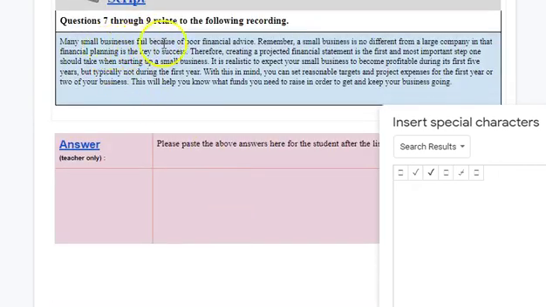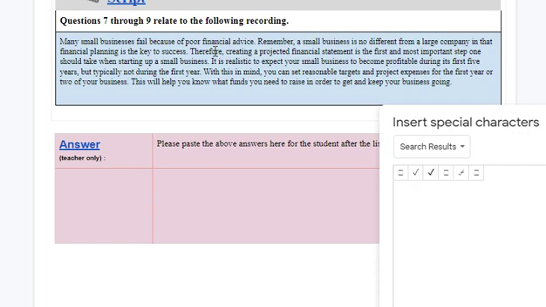Many small businesses fail because of poor financial advice. Remember, a small business is no different from a large company in that financial planning is the key to success. Therefore, creating a projected financial statement is the first and most important step one should take when starting up a small business.